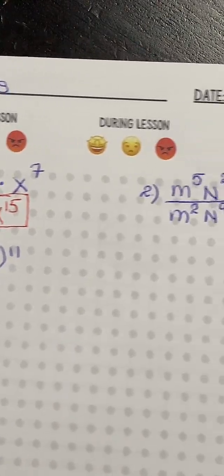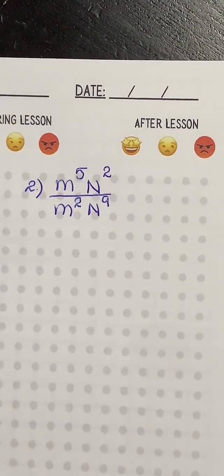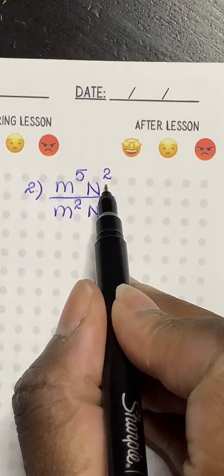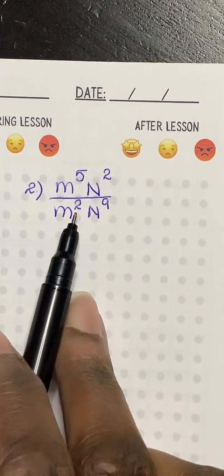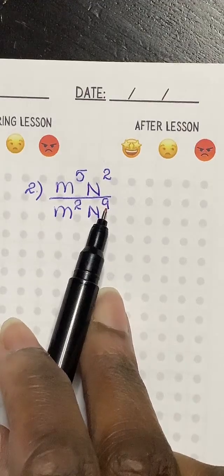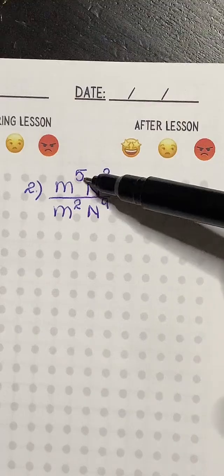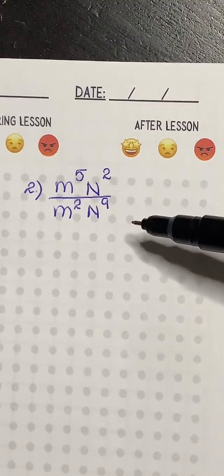Now, if I slide over to the next one, we have m to the 5th, n to the 2nd, over m to the 2nd, n to the 9th. When you are dividing, you are subtracting the exponents.